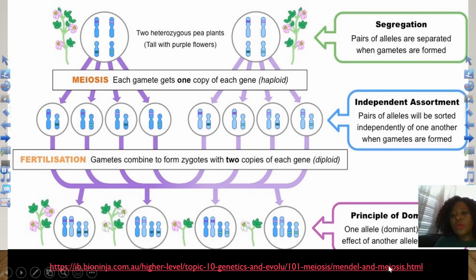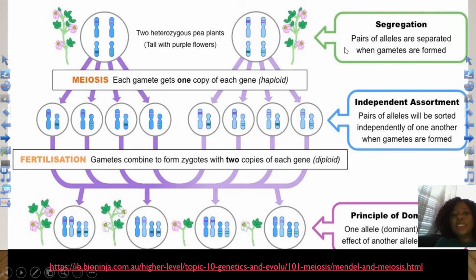Same thing here, it's showing you all these 3 laws of Mendel. In the beginning here, it's showing you a different example where 2 heterozygous pea plants were crossed, and both had tall and purple flowers. As you can see in the picture, the plant is tall, it has got purple flowers, and on this side it's a tall plant with purple flowers.